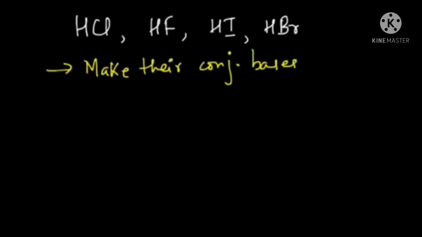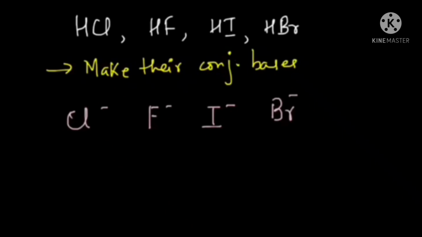conjugate base. So the conjugate base of HCl will be Cl minus. The conjugate base of HF will be F minus. Similarly, take out an H plus from HI and you will get I minus, and from HBr you will get Br minus.